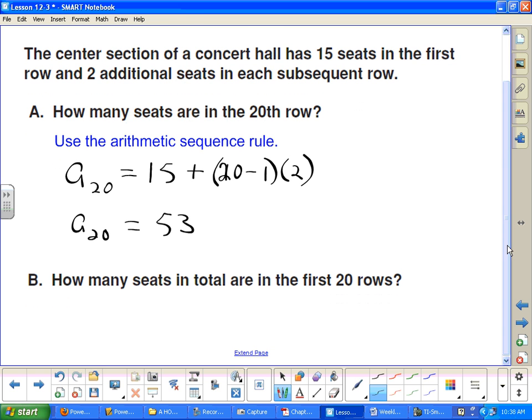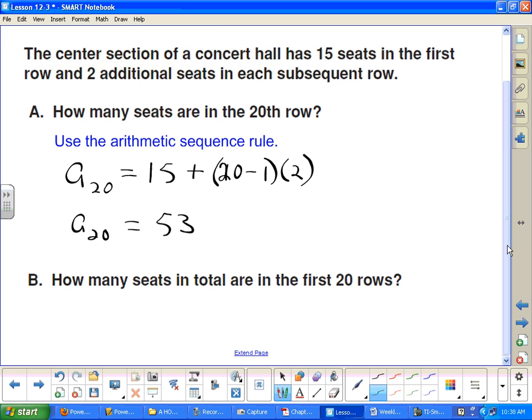So to find how many seats are total, what does that mean? We have to add them up, right? So I could do 15 plus 17 plus 19 plus 21 plus 23 plus 25 plus 27 plus 29 plus 31 plus 33 plus 35 plus 37 plus 39 plus 41, all the way up to 53.